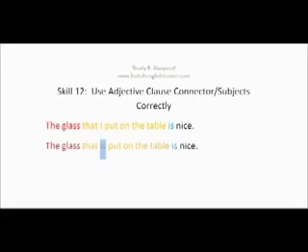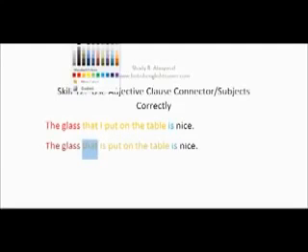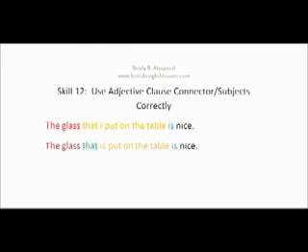Now the question here comes, where is the subject? If that is a connector and is a verb, so where is the subject? And the answer is that is a connector and the subject at the same time.